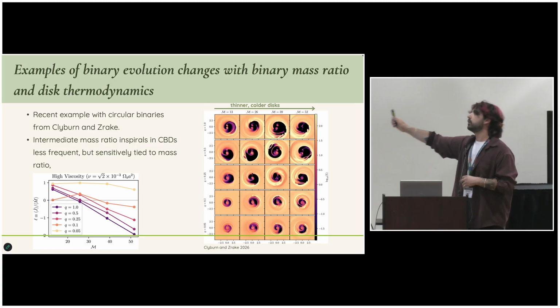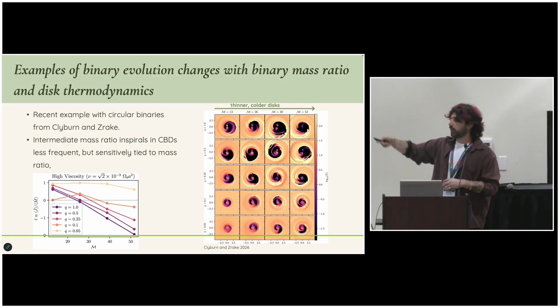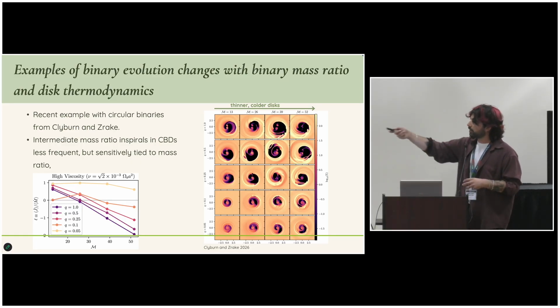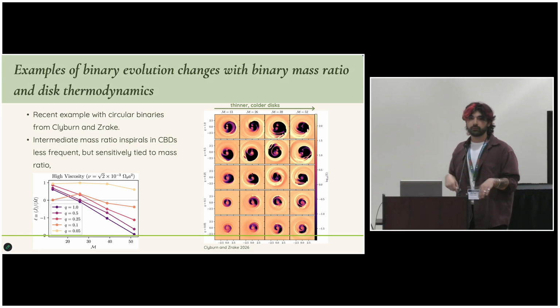And as you move to the right, again, these are our thinner, colder accretion disks. What they find, in the figure at the bottom left, is that the evolution, where the y-axis is the dimensionless torque parameter, a positive dimensionless torque parameter is analogous to that out-spiral that we saw, and a negative torque parameter is analogous to the in-spiral.